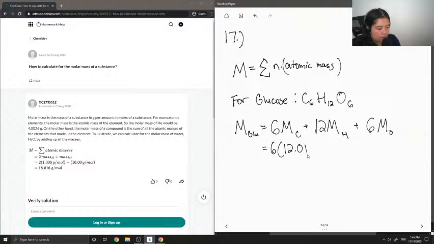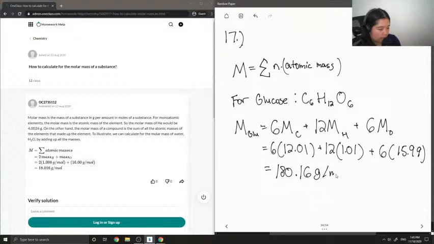So molar masses of the single elements can be found on the periodic table. And then if we sum up all of these values together, you get a final molar mass of glucose, which is 180.16 grams per mole.